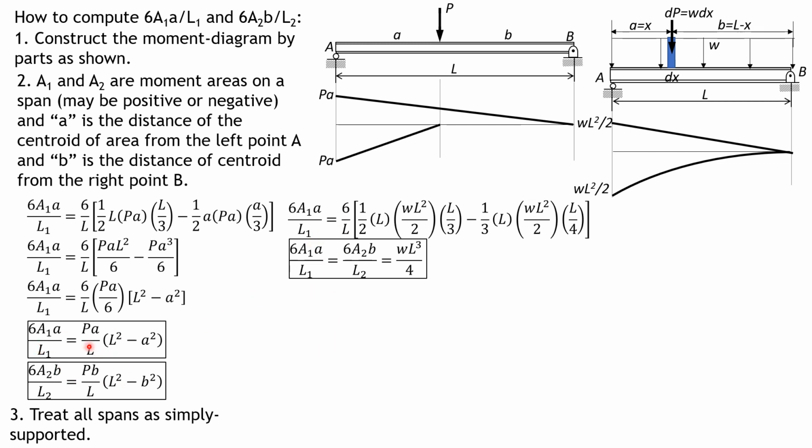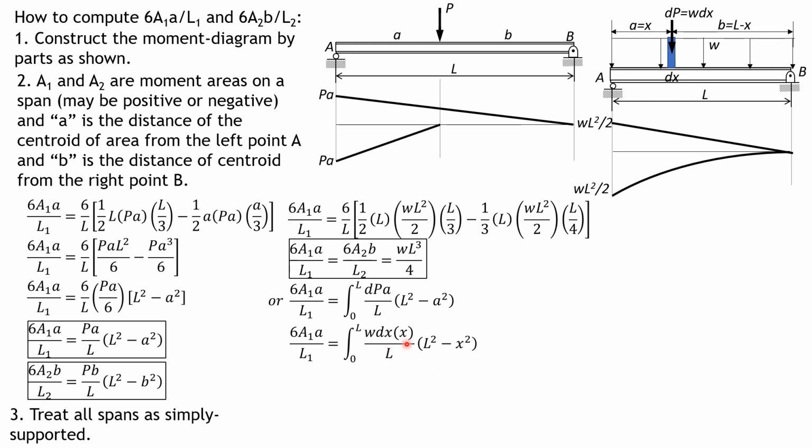instead of this diagram, we have 6A1A over L1 equals differential P, which is W dx. A is x, L is L, then quantity L squared minus A squared, which is x squared, but in integral form. So 6A1A over L1 equals integral of dP, A over L, quantity L squared minus A squared from the formula here. We replace dP by W dx, A by x, and evaluate the expression.